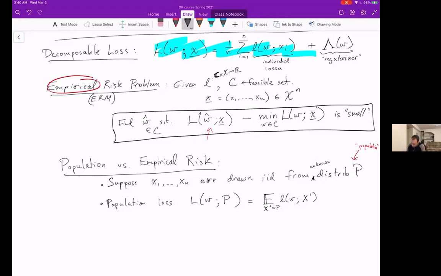And so remarkably, in many settings, even though we don't know the distribution P, we can come up with bounds on the population risk.